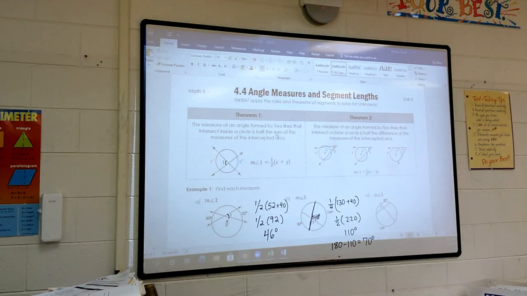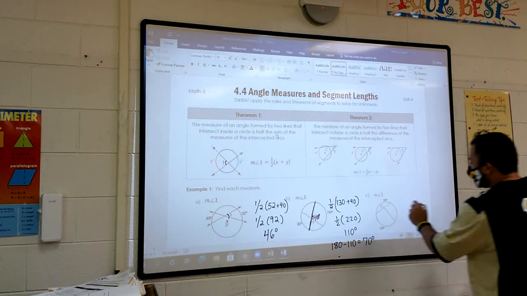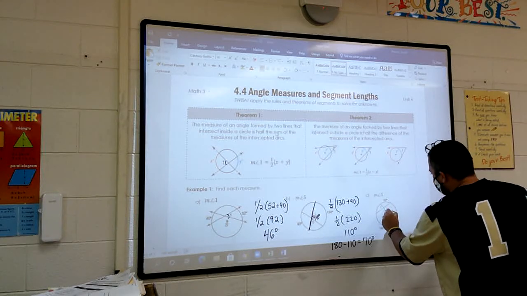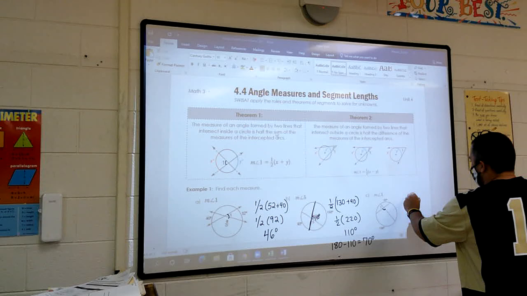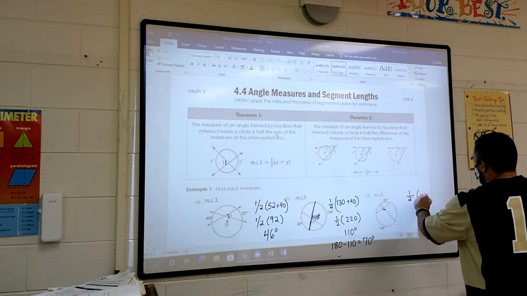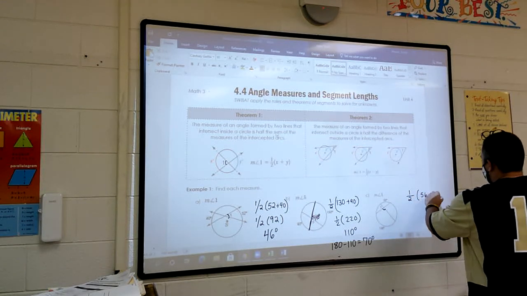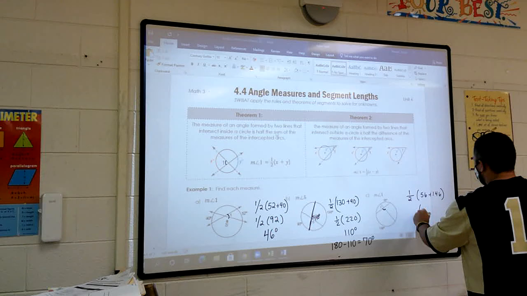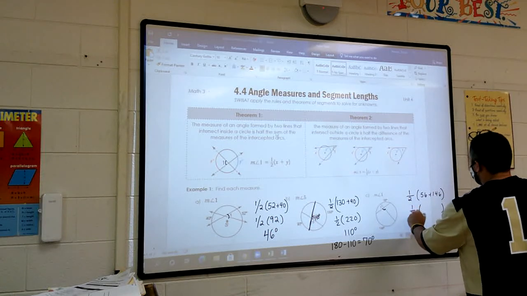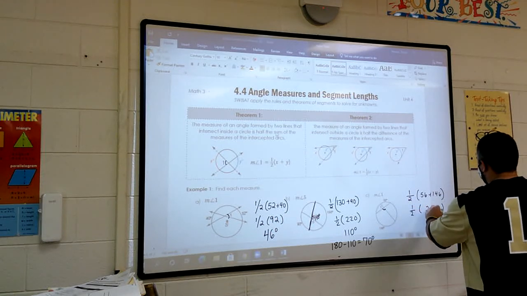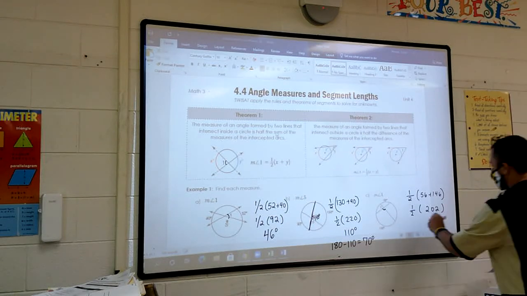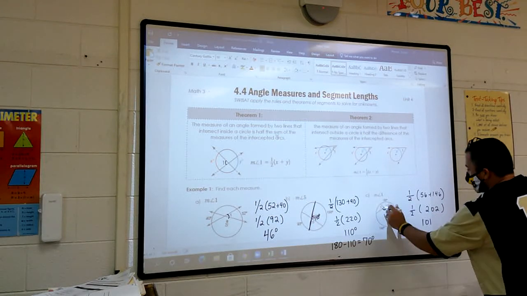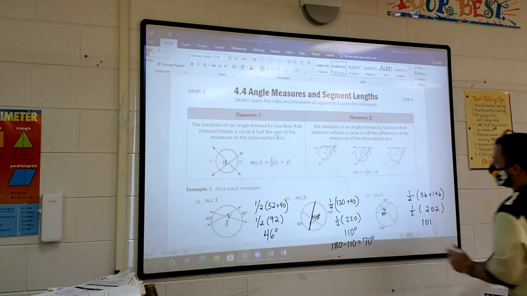Okay? Same thing happens right here. Let me find this angle. Well, to find this angle, I got to add these two together. So half of 56 plus 146. That's half of 202, I believe. And half of 202 is 101. So that tells me that this angle right there is 101.